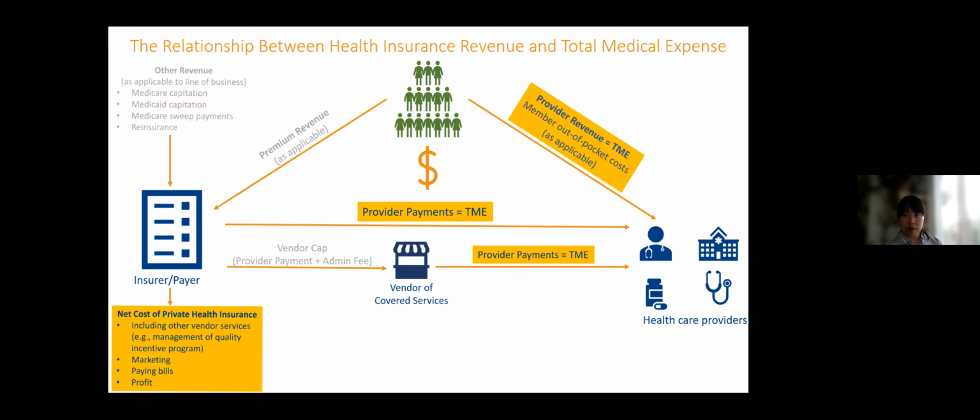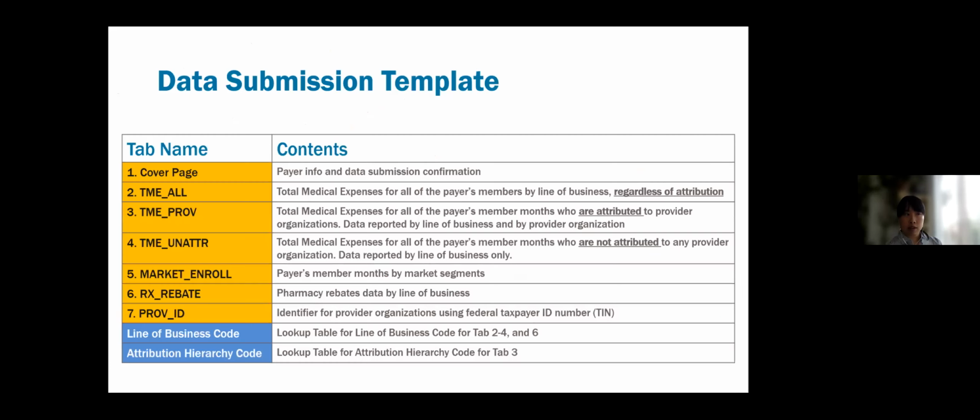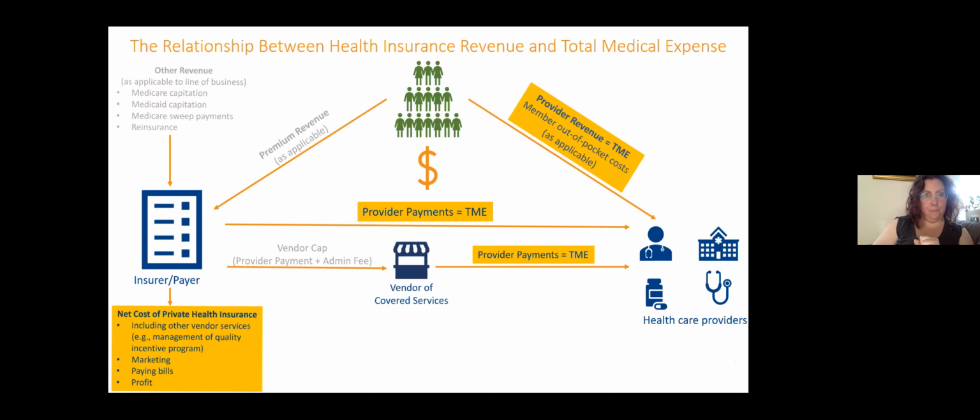Any questions so far? It looks like we have a question from Ada in the chat, and Ada asks, is Medicaid paying as secondary in scope? Can you expand on that?